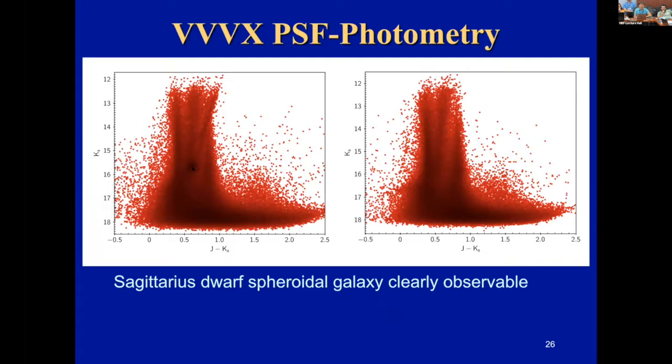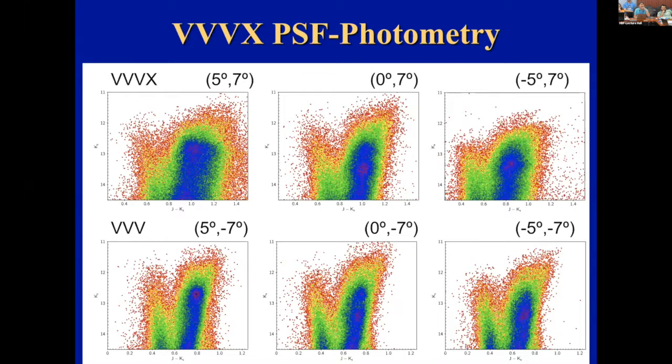We can also look for things like we have done with the original VVV footprint. We can see here the difference in magnitude of the red clump or even the double red clump with the VVV. But now we are also covering the VVV with the VVV-X area. We are covering the northern part of the Bulge, and we can find also these signatures of the X-shape.